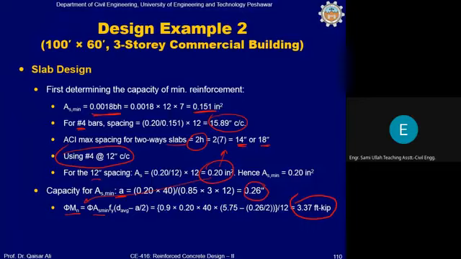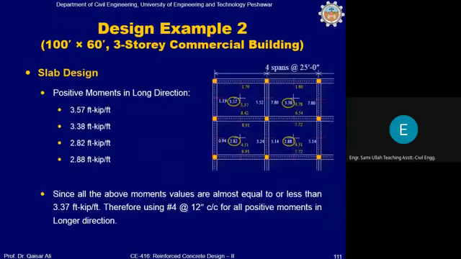Now, if this capacity is greater than the demand moment values, then in those regions you can provide number 4 at 12 inch. And for other values, for example, if the demand moment values are greater than this value, then for those values of moment you can calculate the spacing from trial and error. So if you see, these are the positive moments along the longer direction.